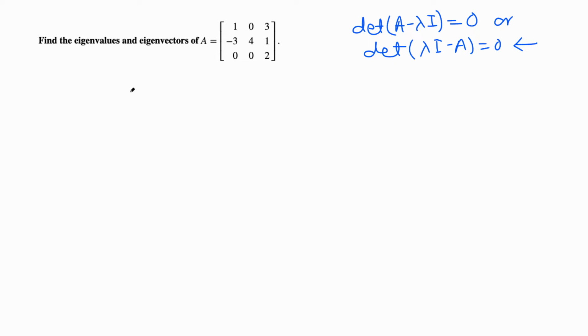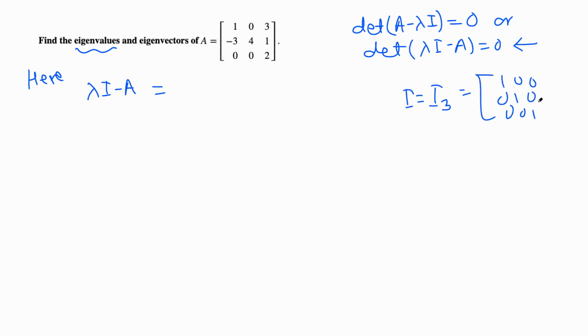So lambda I minus A first, then I'll take the determinant in a moment. Here lambda is just an unknown number, the eigenvalue, that's what we are trying to find. I is an identity matrix, in this case the 3 by 3 identity matrix I3, which is 1 0 0, 0 1 0, 0 0 1, and when we multiply by lambda, we multiply each component.